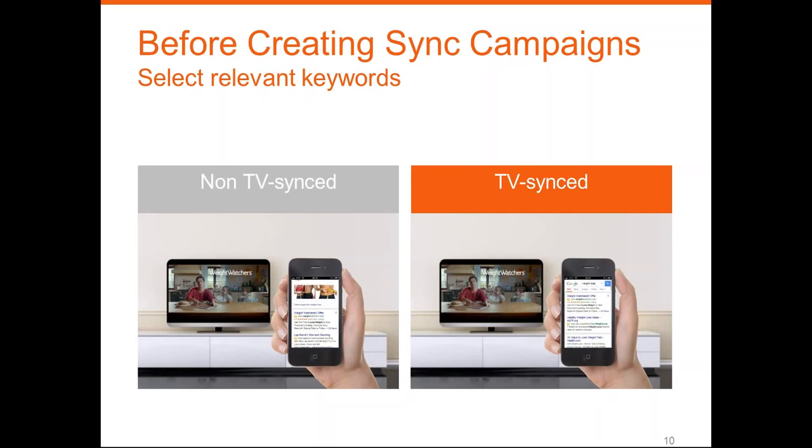So we have the example here, like weight loss is a great keyword for Weight Watchers because it's relatively generic. Weight Watchers are not in a top position, they're below the fold, so we can actually have significant impact. And the more generic the terms, the better this works, because we're talking about syncing with TV airings.